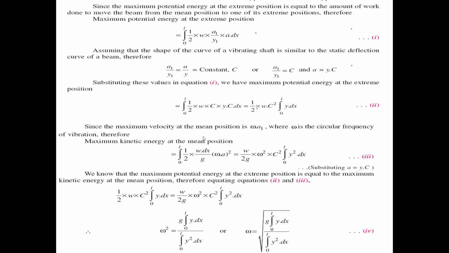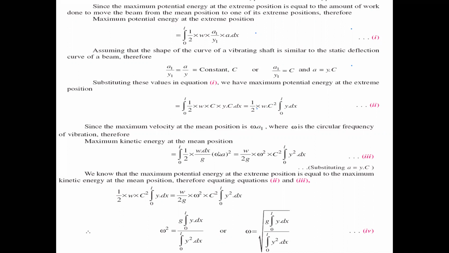Since the maximum velocity at the mean position is omega a1, where omega is the circular frequency of vibration, therefore we now have to write the maximum kinetic energy at the mean position. V is replaced with omega a1. So the kinetic energy at the mean position is half into m v square.